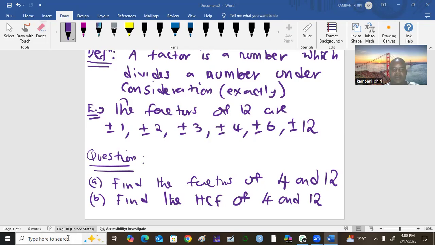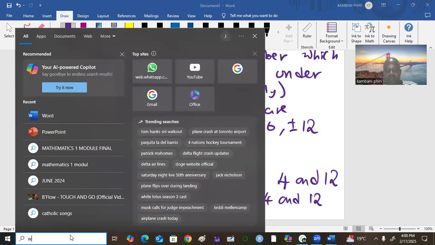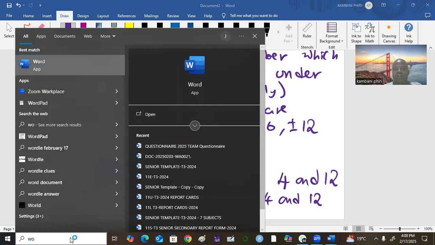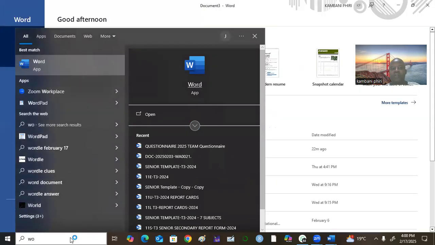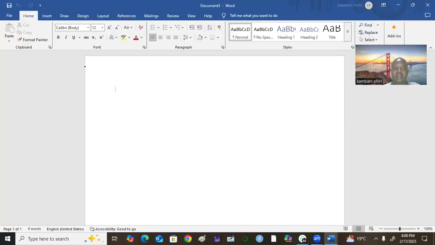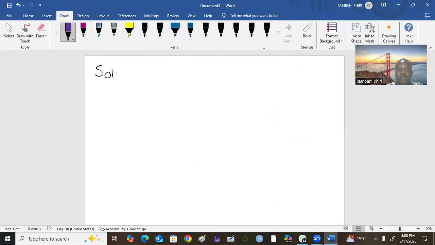Solution. Number 1, we want the factors of 4 and 12.